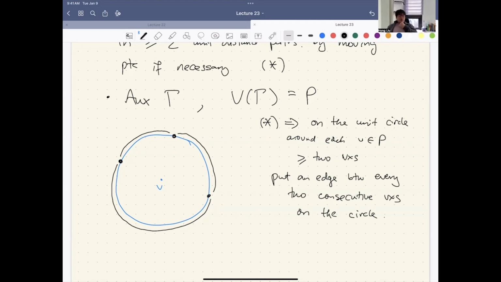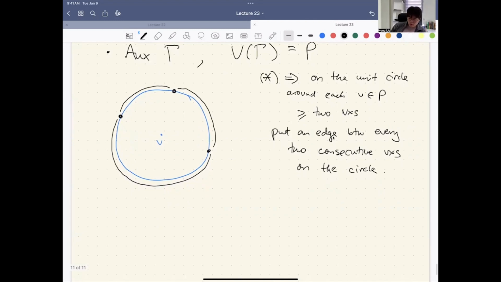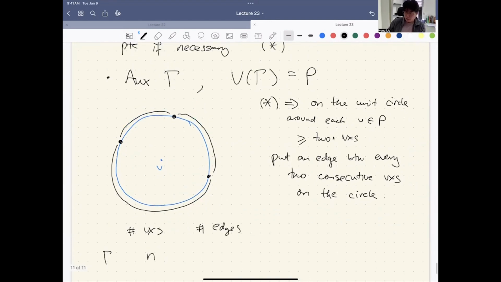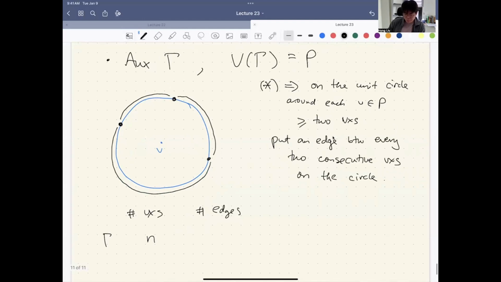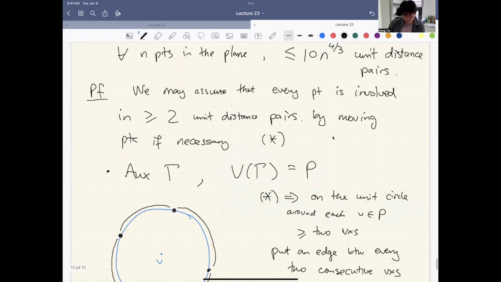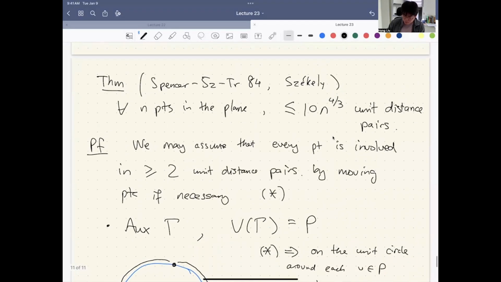This might give us, well, first of all, what's the number of vertices and number of edges of gamma? Well, vertices is n, we have n points. Number of edges is, let's say we have an arrangement.